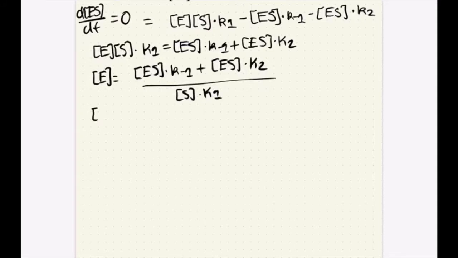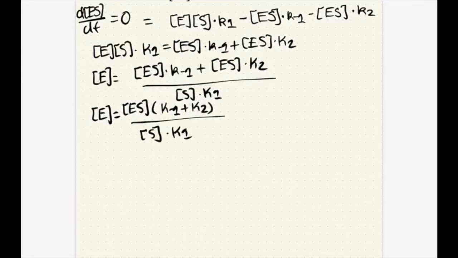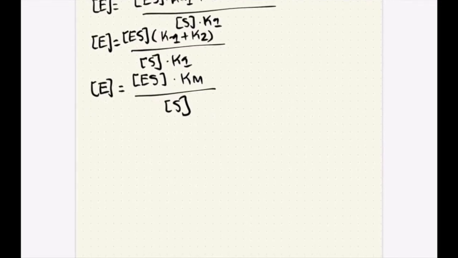And so what this is going to be equal to is, we're going to firstly try and isolate this Michaelis constant right here. So right here is the Michaelis constant. So we're going to simplify this and make the enzyme concentration equal to the enzyme substrate concentration times the Michaelis constant over the substrate concentration. So now we have this first value that we can plug in to the enzyme total concentration.